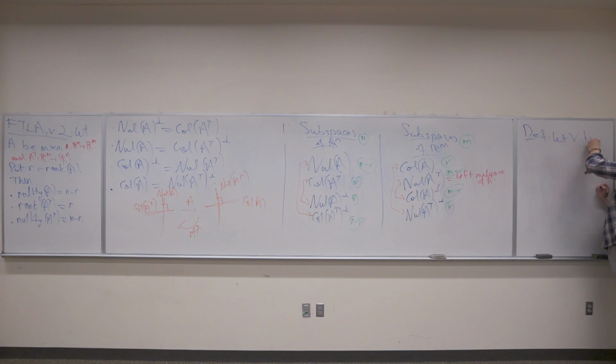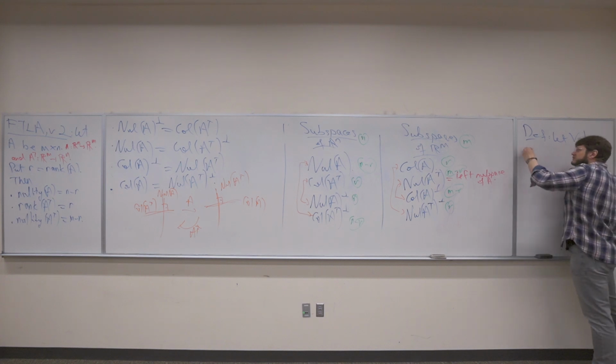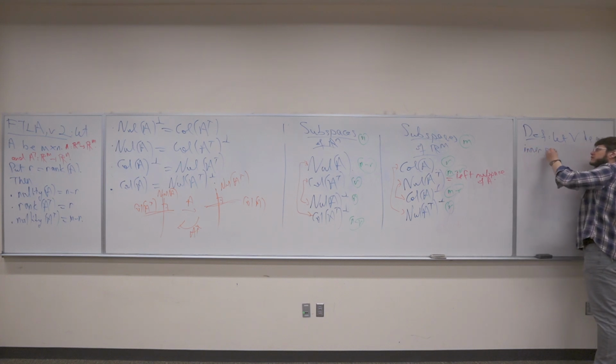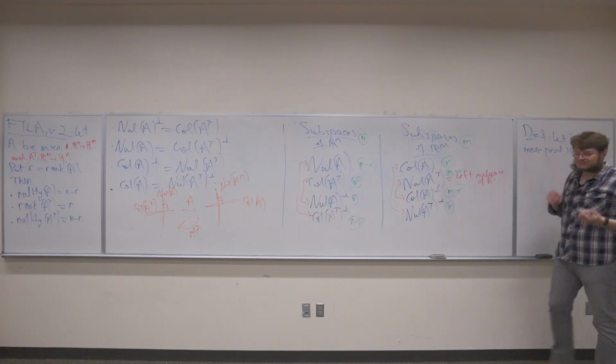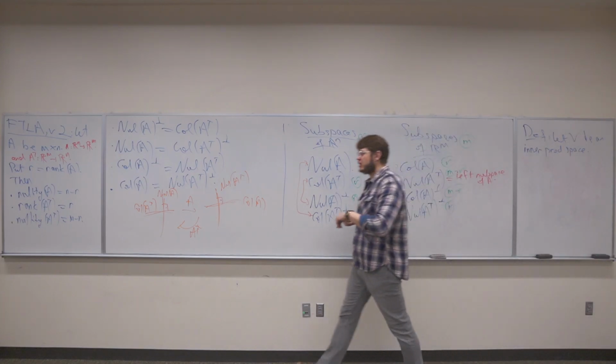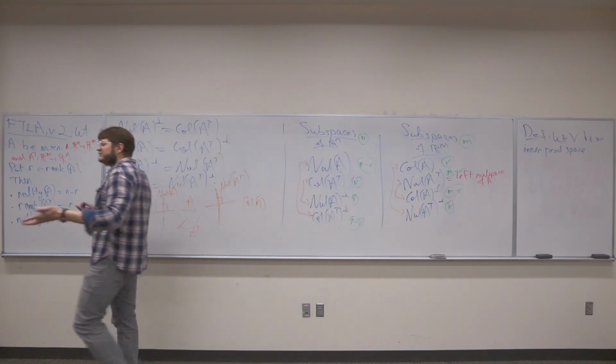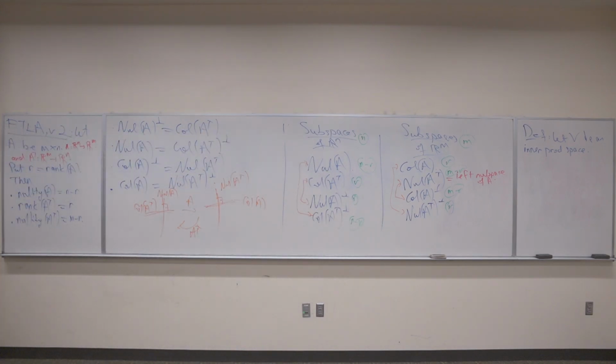Let V be an inner product space. This just means V is a vector space and you have an inner product specified on it. In principle, this is just Rn with the standard dot product, but it works more generally.